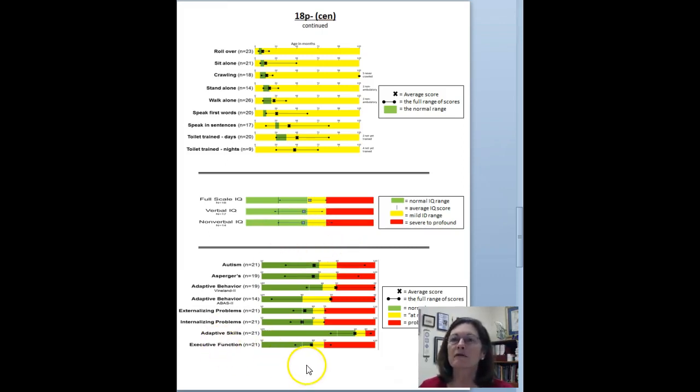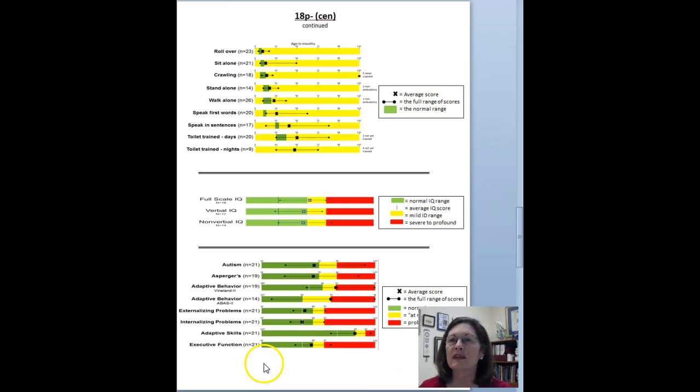Below that are a variety of behavioral test measures. And again, it's laid out the same way. Some of these tests, a low score is good, and some a low score is bad. So these are all oriented so the not problem or good or average score is always to the left, regardless of whether it's a big number or a small number, and shown in green, and the more problematic to the right in red.